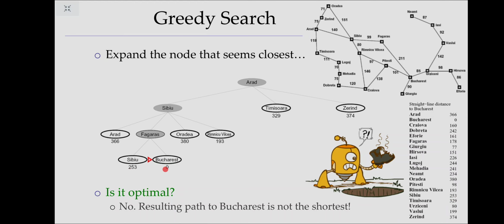The least one is Bucharest, and Bucharest is the goal, and we stop the searching process. As you see in this example, by using just the heuristic values as the label, we can find the goal. But is the path from the starting node to Bucharest optimal with respect to this greedy algorithm? The response is negative.